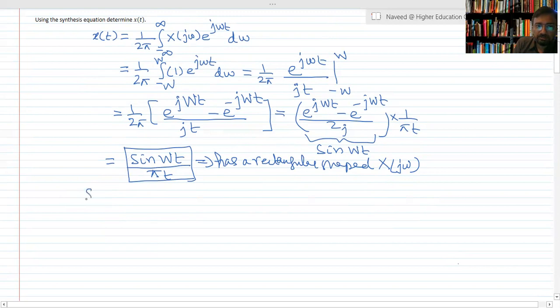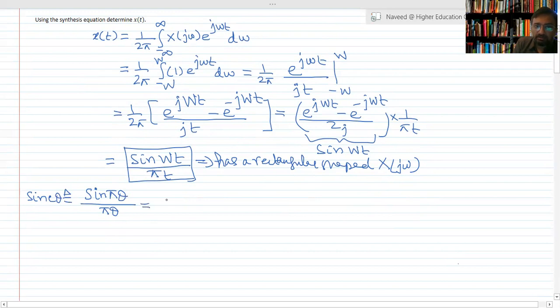So generally, the function sine pi theta divided by pi theta frequently appears. So we give it a specific name and we call it the Sinc function. By definition, sinc theta is sine pi theta divided by pi theta.